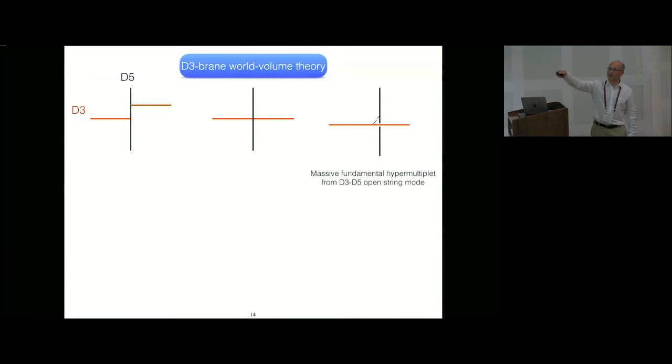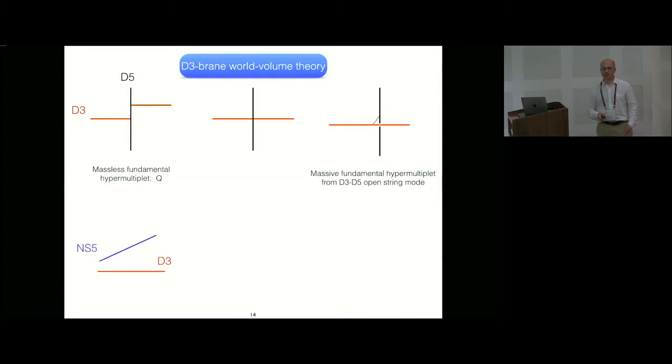When you move this brane back, the mass of that fundamental hypermultiplet vanishes. So you have massless fundamental hypermultiplet. And then moving the branes apart corresponds to giving it some expectation value.